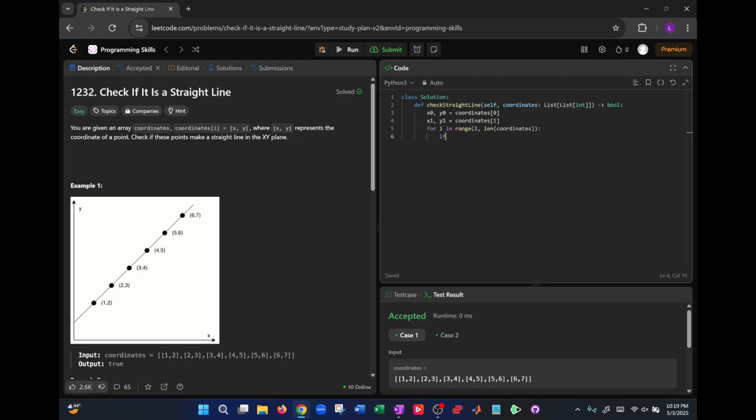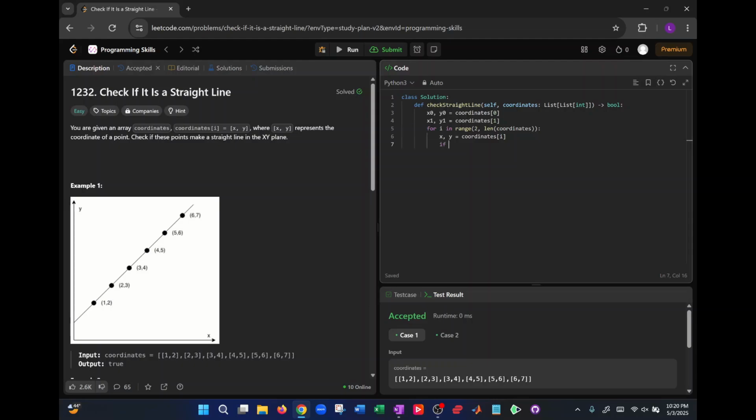Basically we just check if x1 minus x0 times, oh, no. First we need to get the x and y coordinates of point i.